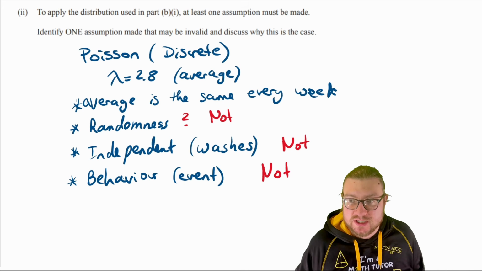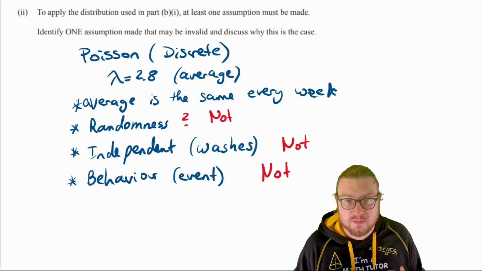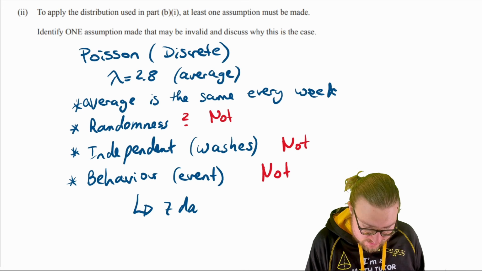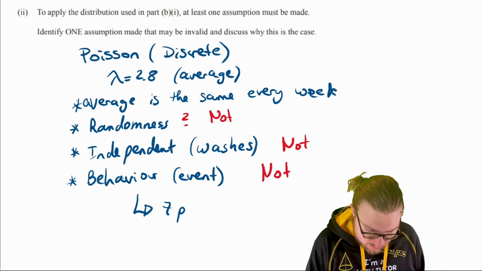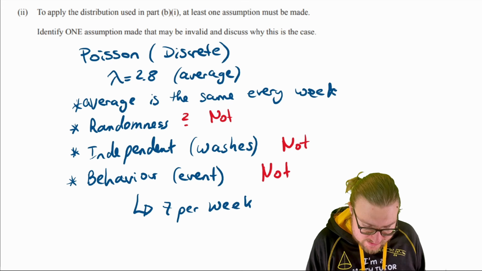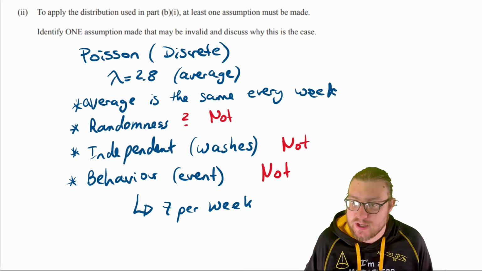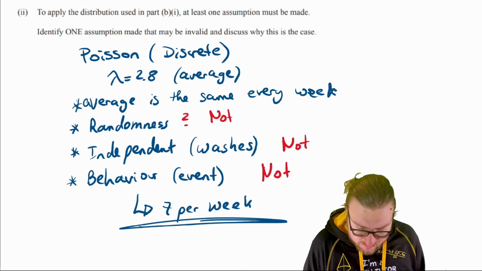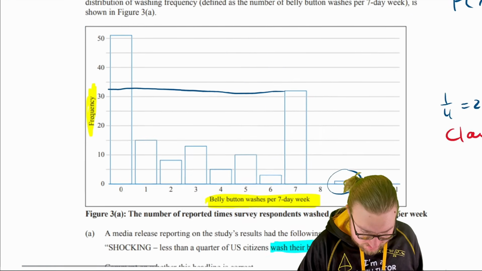We're humans, we follow patterns, we have certain structures in our homes. We usually wash ourselves 7 times per week, which is daily. That makes sense, that we have a spike of people washing their belly buttons 7 times a week, because we have someone taking a shower every single day. This is exactly what we have here in the graph.